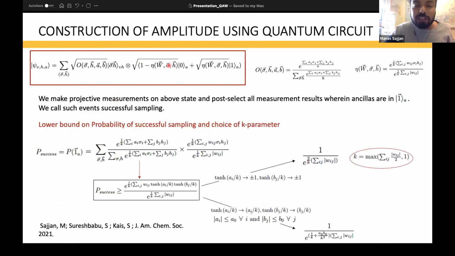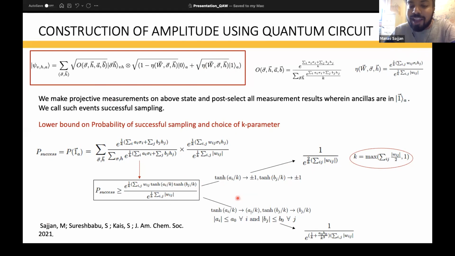So as we have explained, if we want this algorithm to be successful, we want only to post-select the measurements where the ancillas have collapsed in state 1. And we actually deduce in this paper that the probability of success, that is the probability of the ancillas collapsing in all state 1, is upper bounded by this particular number, which is defined only in terms of the parameters of the neural network.